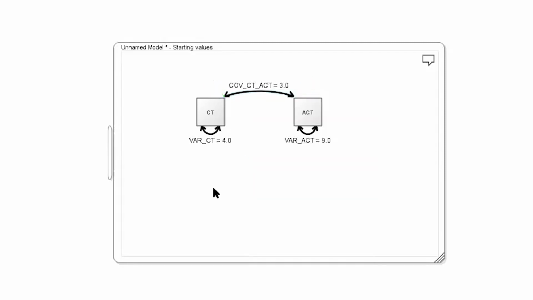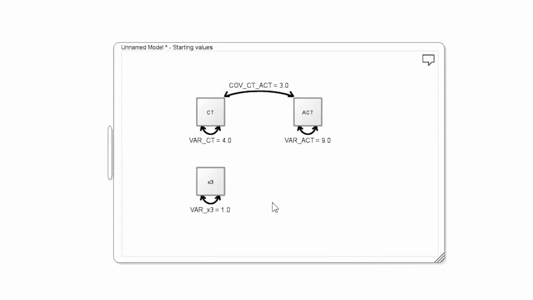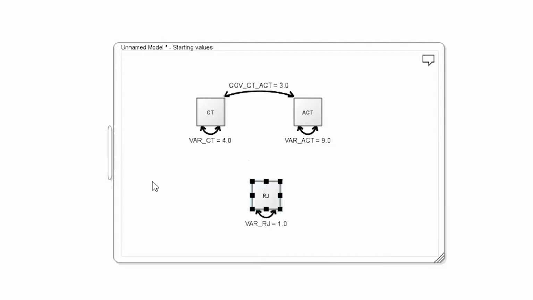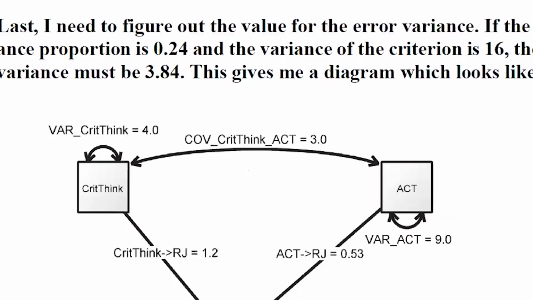Now I'm going to add in my criterion variable. That's going to be reflective judgment. And I will join that criterion with these two regression weights. These two regression weights are going to be 1.2 and 0.53.